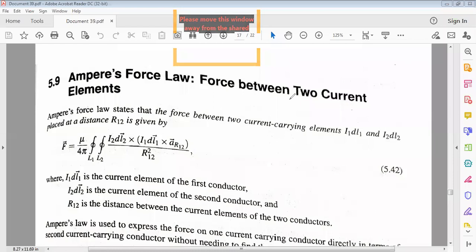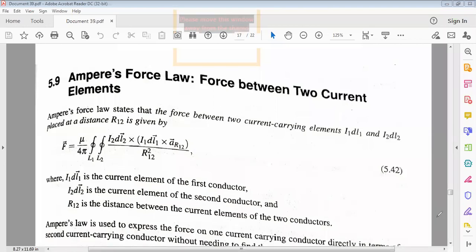When we consider the static charge, that is the basic statement of Coulomb's law.